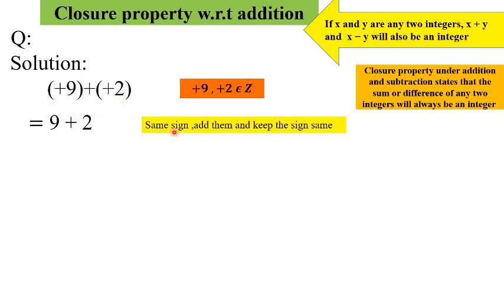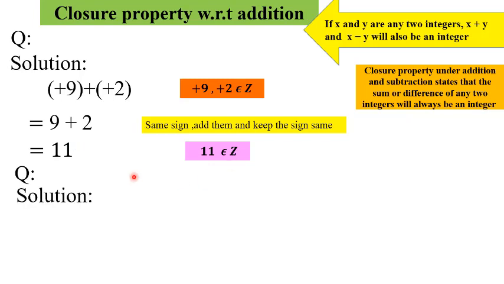We know that if the sign is same, we will add them, and with the answer, the same sign we will keep. So 9 plus 2, the answer is plus 11. And plus 11, we know that it also belongs to Z. It means that if we add two numbers, their sum also belongs to the set of integers.